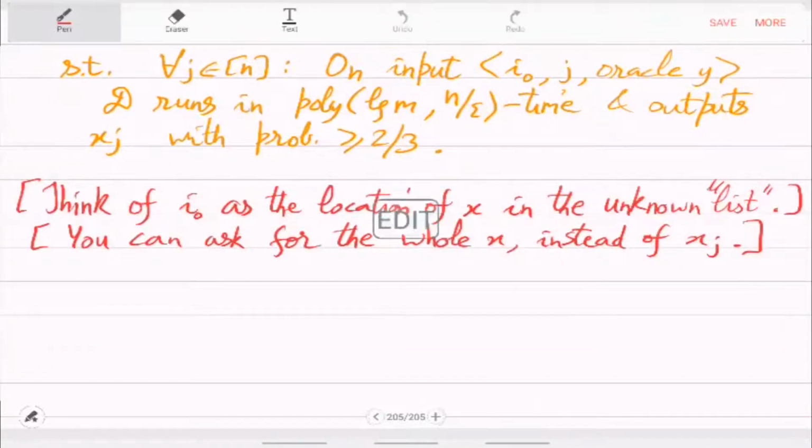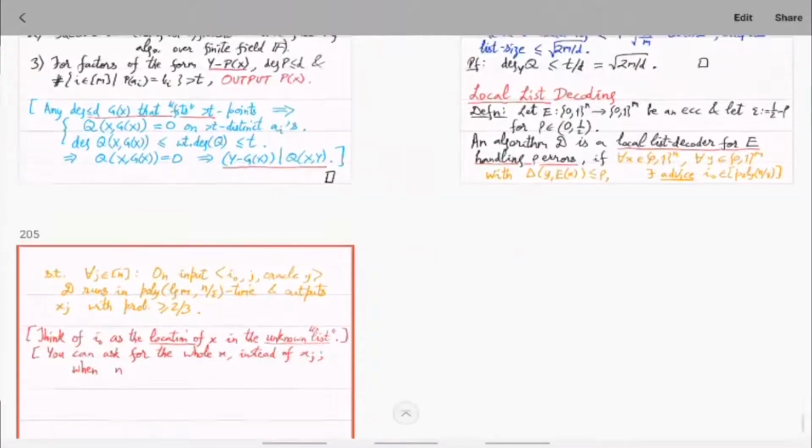So what I said was that you can think of I0 as the location of x in the unknown list. There is a list of x's, and I0 you can think of as the location. You can also ask for not just xj but the whole string x, assuming that it is not very long. So n was the length of x, right.